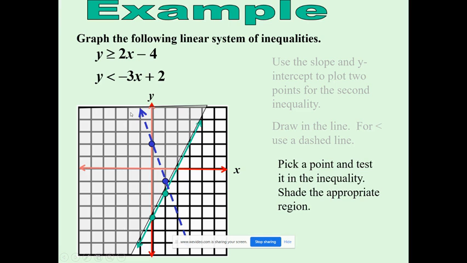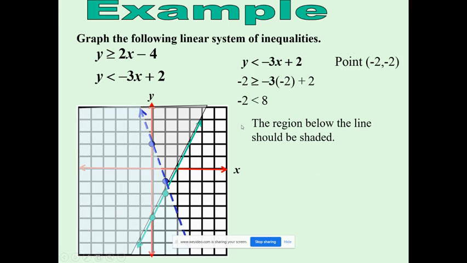So now I'm looking for the section where these shades overlap. Well, over here, I'm already in this section. I'm above the green line. So I'm either going to be shading this part or this part because it has to overlap in the same shaded region. So here I picked the point negative 2, negative 2. I'm seeing if I need to shade this region where they overlap.